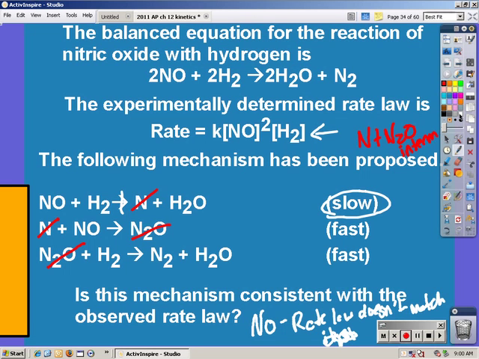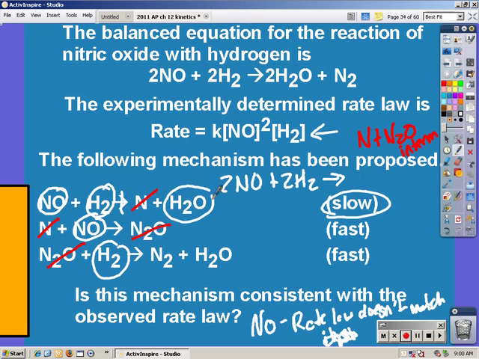And just remember that nitrogen and N2O were both termed intermediates. So we've got two NOs and two H2s as reactants, and on the product side, we have two waters and one N2. So our reaction does match, just not the rate law.